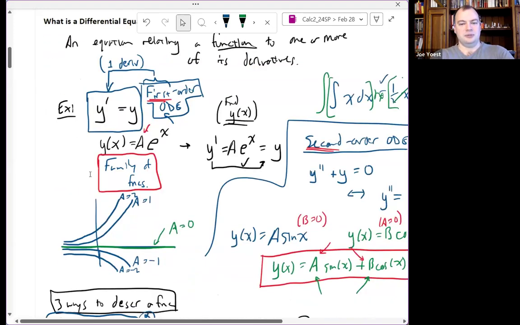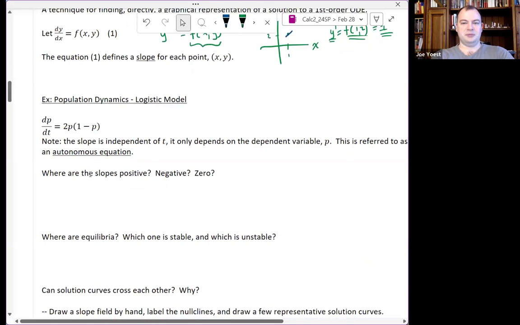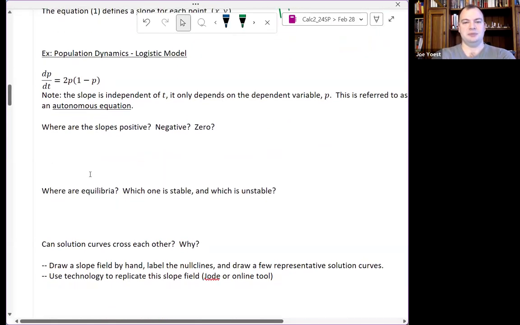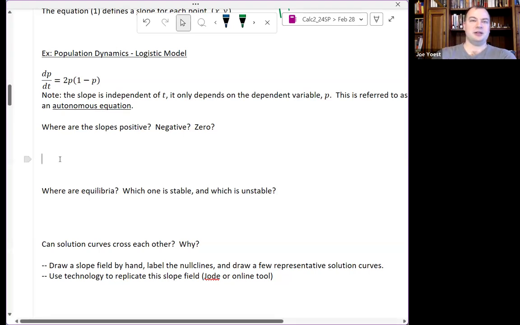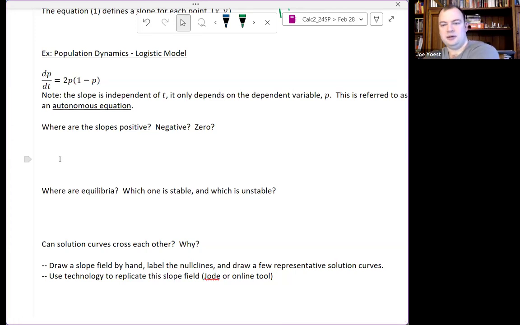So there's still a lot to be gained from taking the DiffEq course. But again, we're just scratching the surface, and this is moving at a much faster pace than a DiffEq course would, but also the expectations are lower. The types of problems that you'll be asked to solve are going to be simpler than those in the DiffEq course. So this is moving at a fast pace, but we're just covering things topically rather than in any great depth.